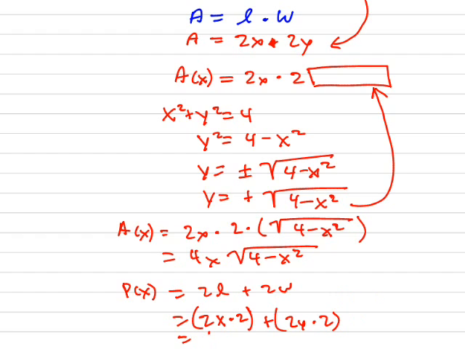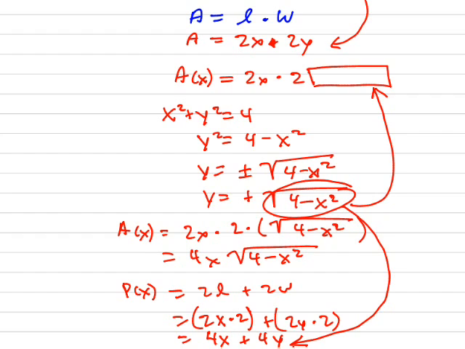So that's going to be 4x plus 4y, and then you need to substitute in again this square root of 4 minus x squared for y, and then you'll be done. So that's how you write those things as a function of x only, the perimeter and the area.